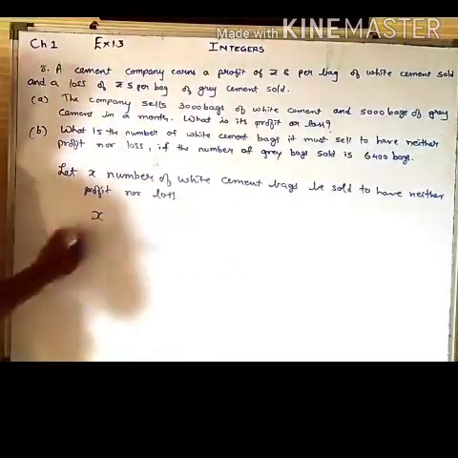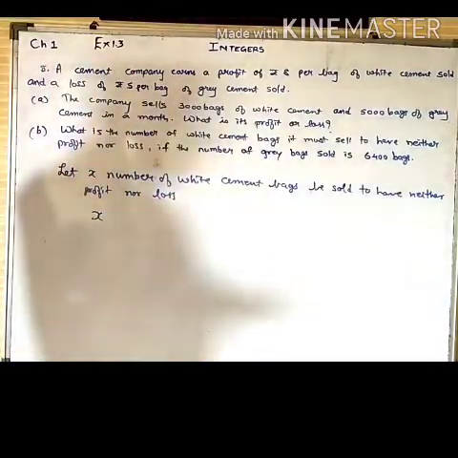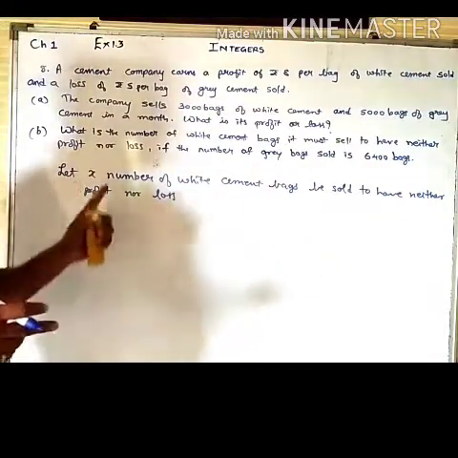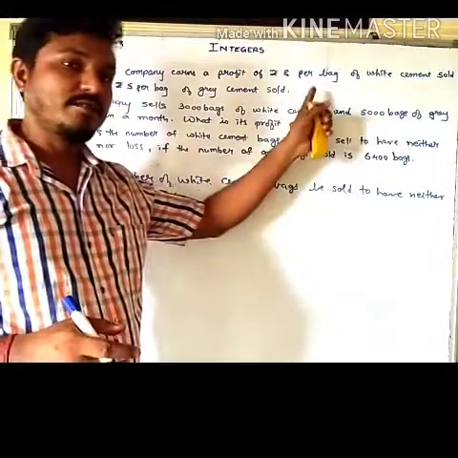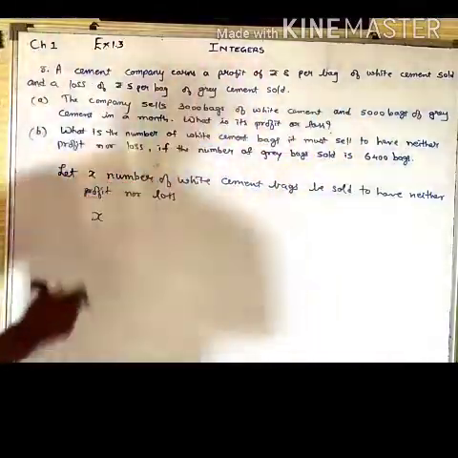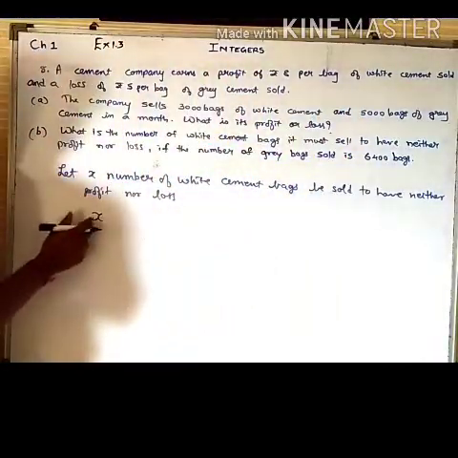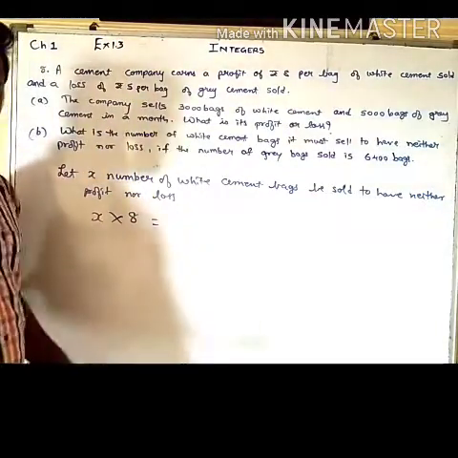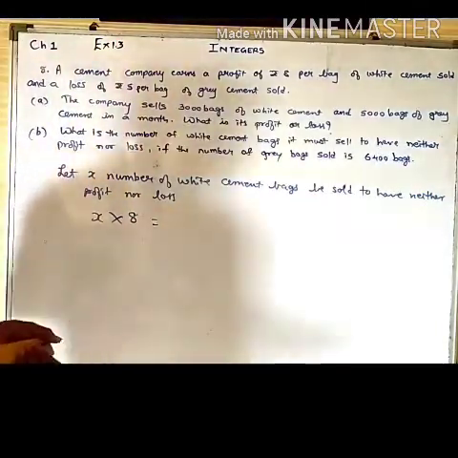So we will take X as the number of white cement bags, and the profit on a white cement bag is rupees 8 per bag. So we will multiply this number of white cement bags by 8, and we need to equalize. Why? Because there should be neither profit nor loss.